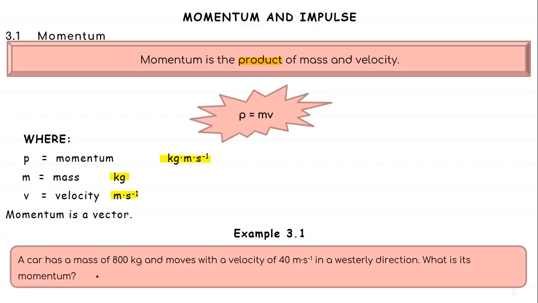What is its momentum? So there we've been given the mass of the object, and we are happy it's in kilograms. We are given the velocity. We are also happy it is in meters per second. Now we want to know what is the momentum of the object.